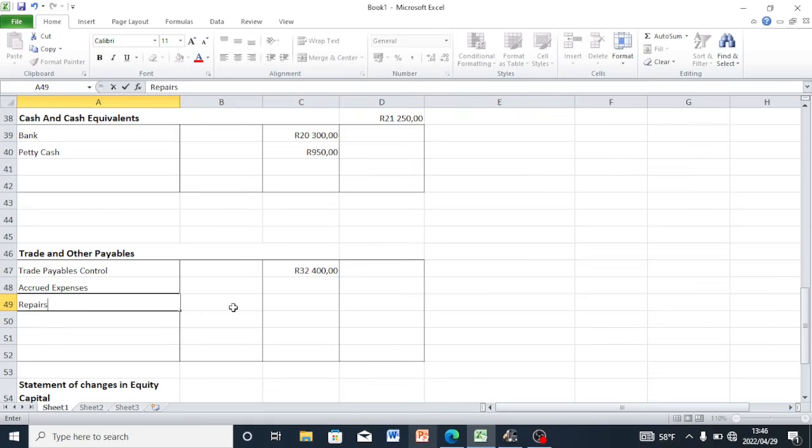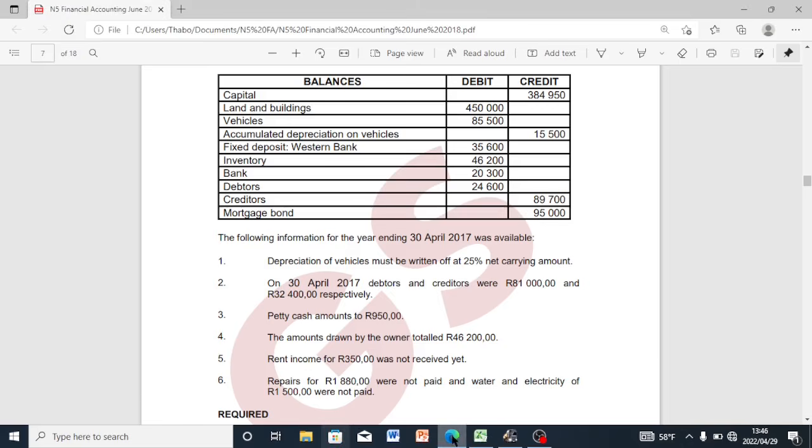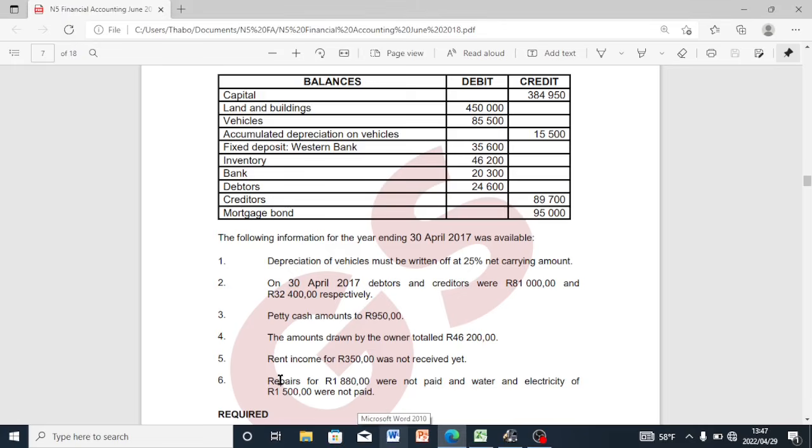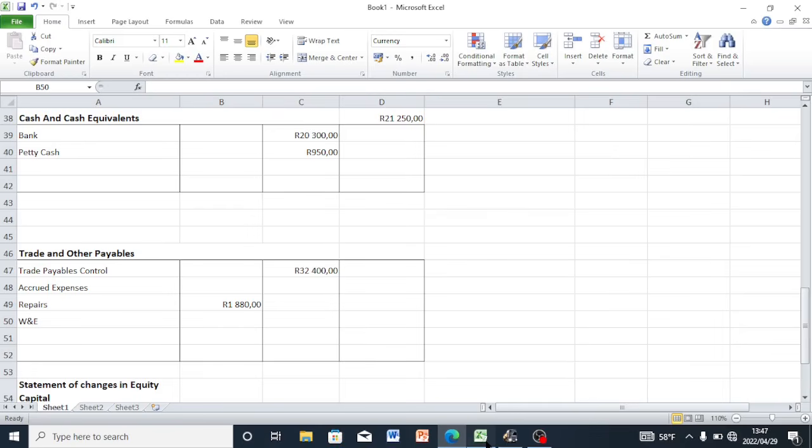So for repairs, it's going to be 1,880. Let me double check. And then for water and electricity, it's going to be 1,500 rands.